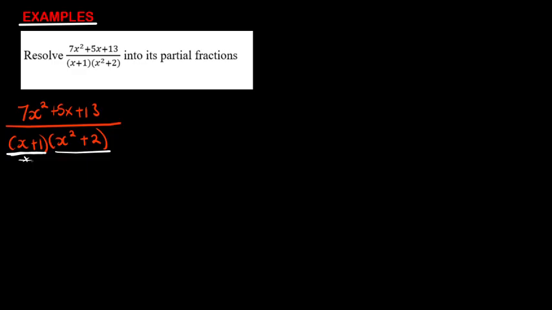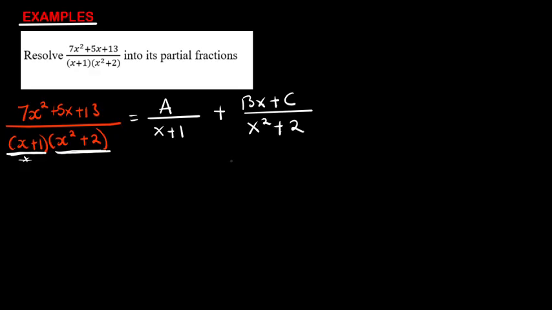On the part where you have a linear function, it will be just a constant number on top over x plus 1. Then plus, on the other side, bx plus c over x squared plus 2. That is what you do when you have something like that.